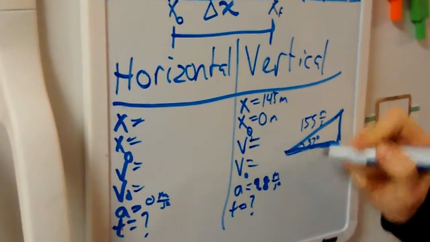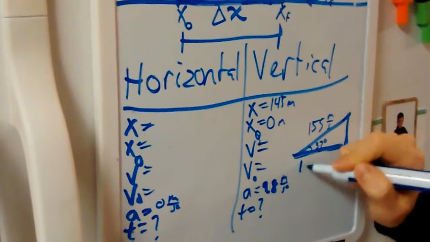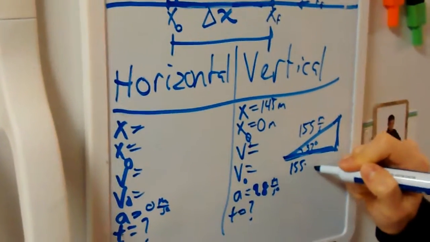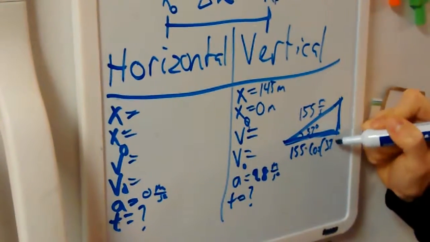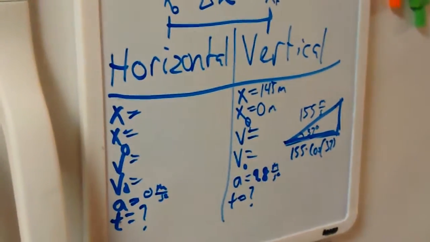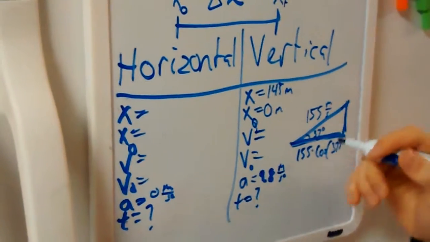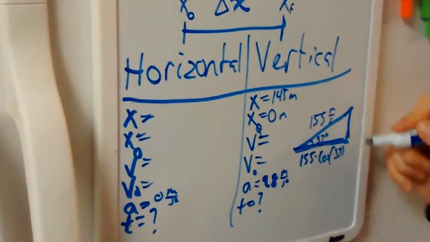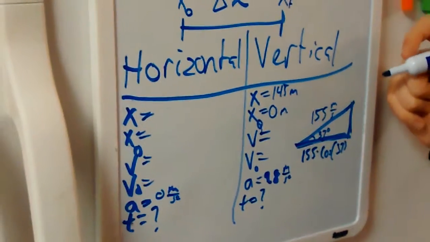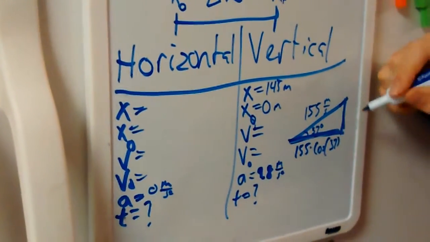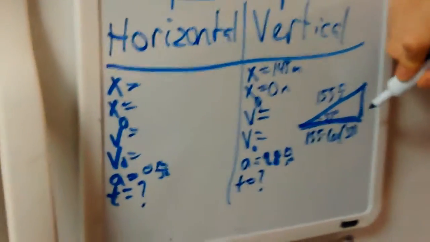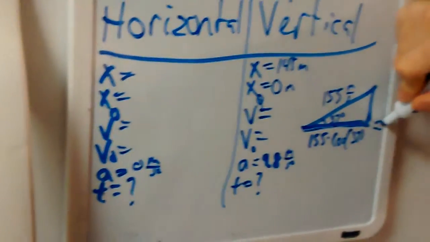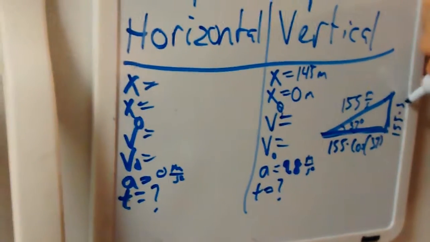The formula for this one would be 155 times cosine of 37. Make sure you put your calculator in degree mode, because I've made the mistake of putting it in radian mode, and that never helps. In this case, if I may write diagonally here, this would be 155 times sine of 37.